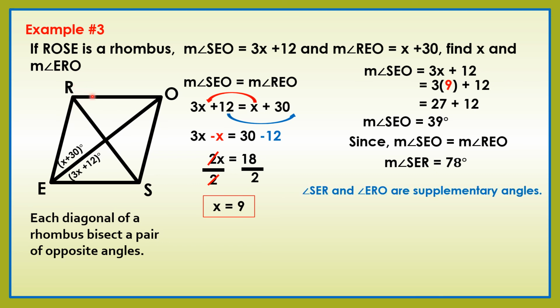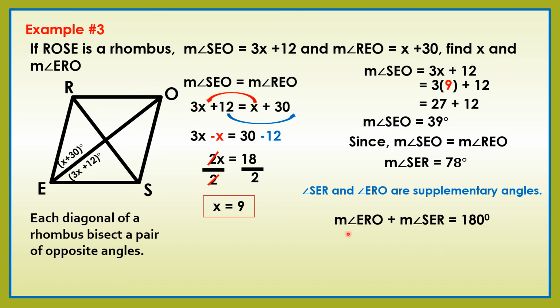Diba si angle R at si angle E ay consecutive angles. So, kapag consecutive angles, they are supplementary. Kapag sinabi natin supplementary angles, the sum of the two angles is 180 degrees.